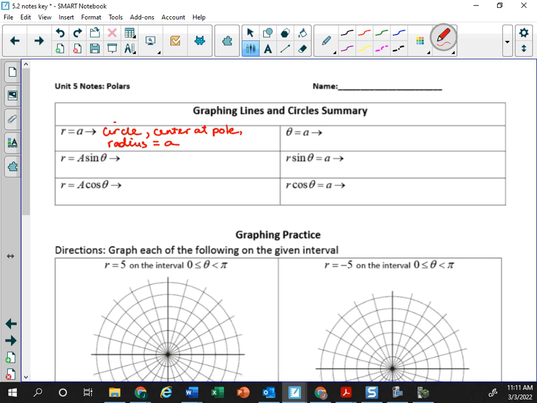All right, if it's r equals a sine theta, again, I know that's a circle. I know the shift is on the y-axis this time. And I know the diameter is equal to a.